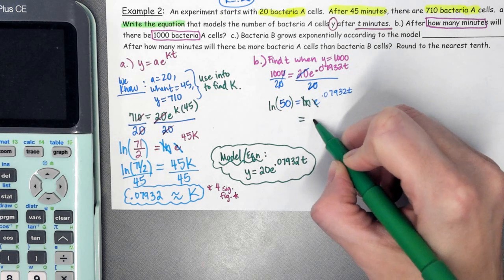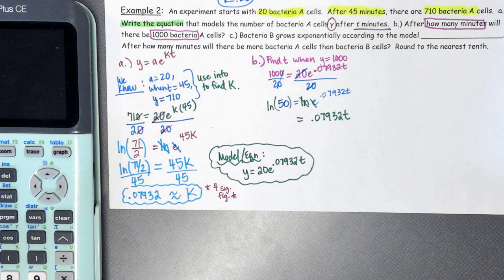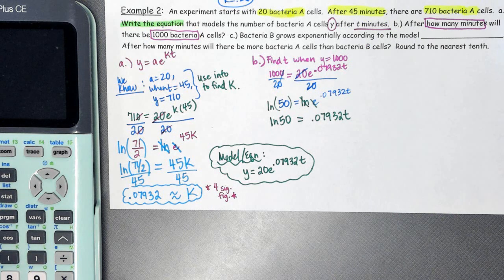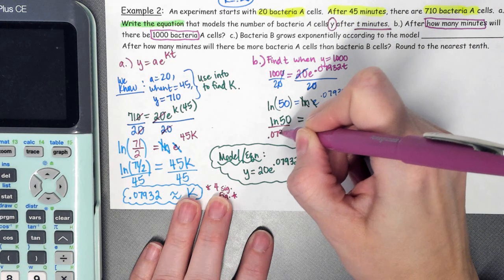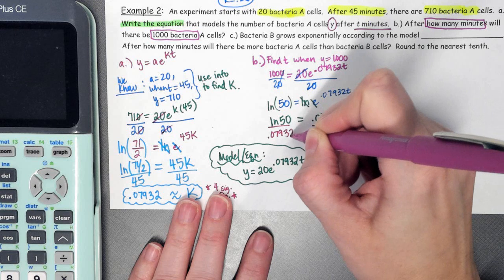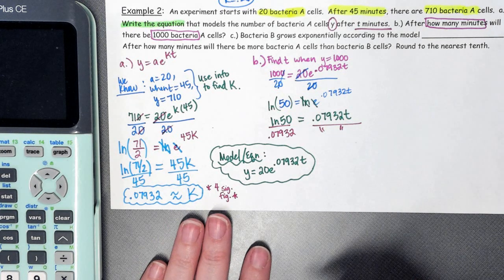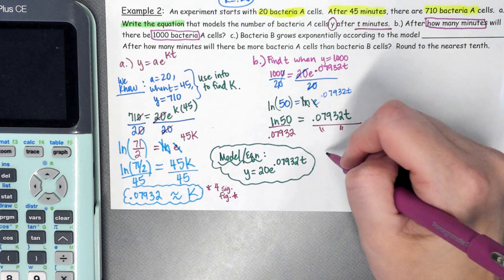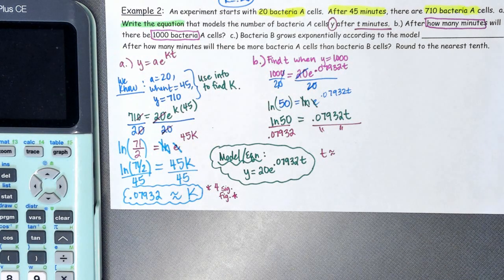Those will undo each other's operations, and then all you'll have to do to solve for T is divide by the value in front. I do want you to write the value on this side, 0.07932. If you're dividing underneath, you can just go ahead and write that. And if it doesn't say what to round to for that part, then you can round to the nearest 100.